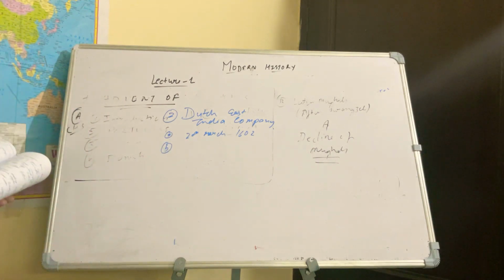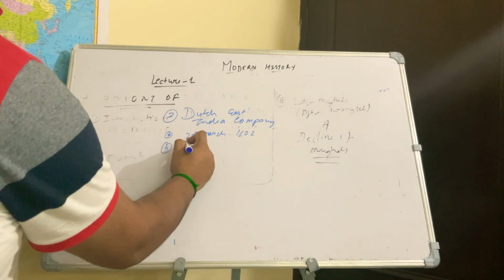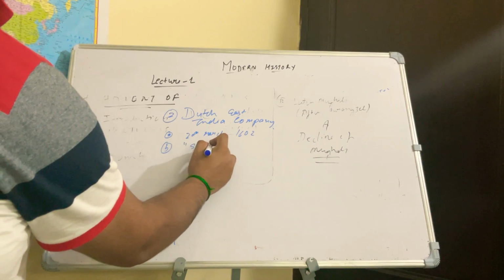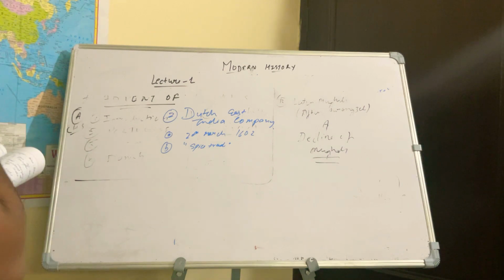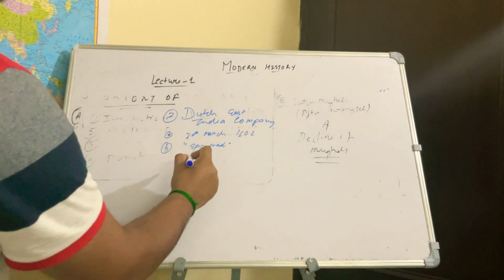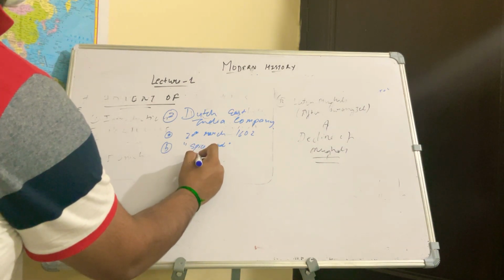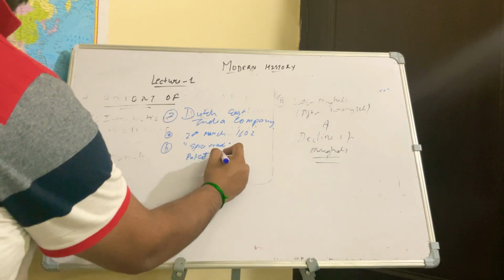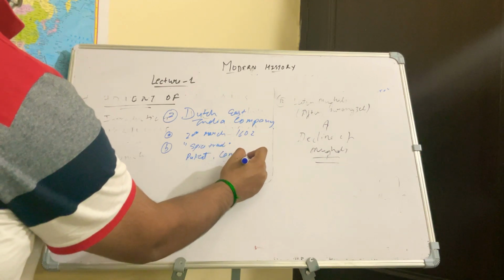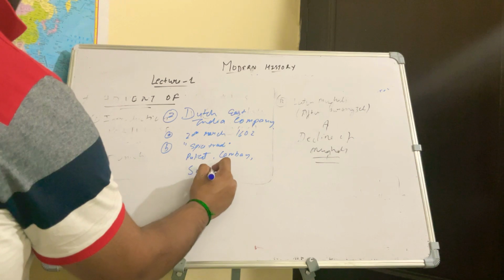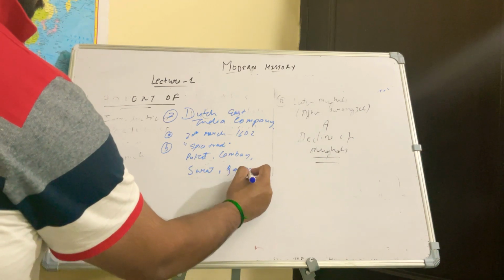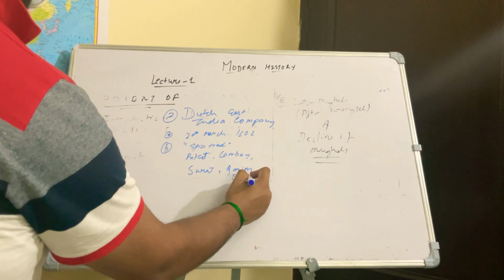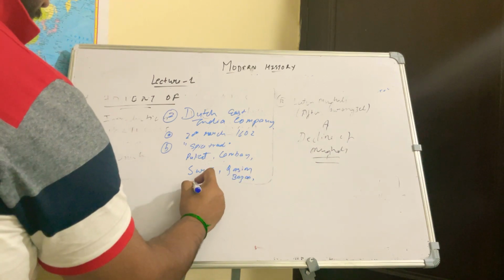Point B: Dutch were mainly interested in the spice trade, and opened trading ports at Pulicat, Cambay, Surat, Kasim Bazar and Nagapatnam.